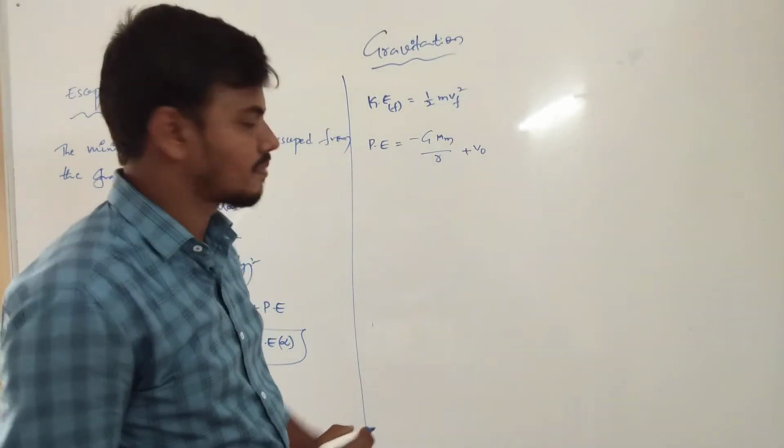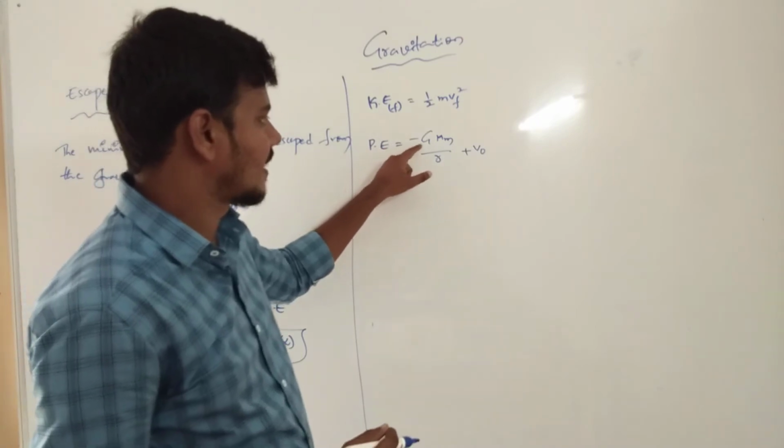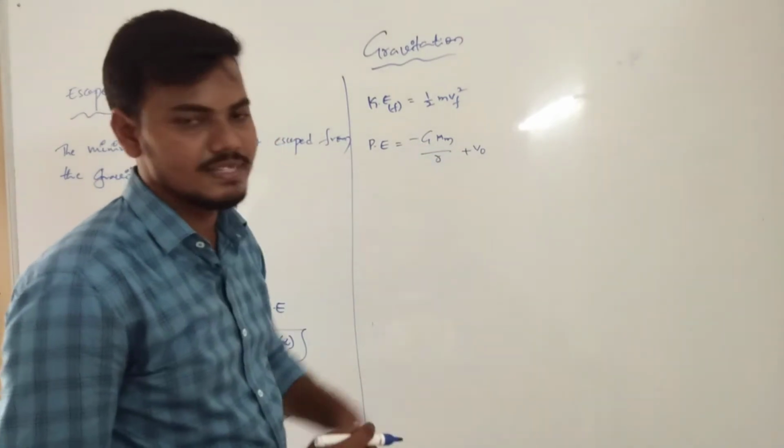Gravitational potential energy is equal to minus GMm by r plus V naught.